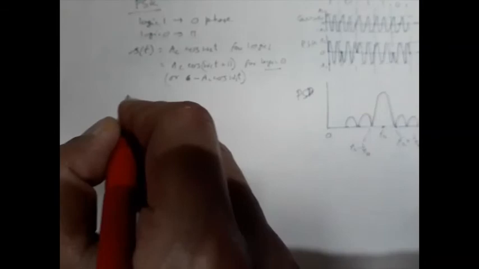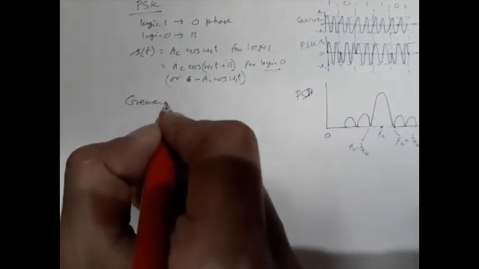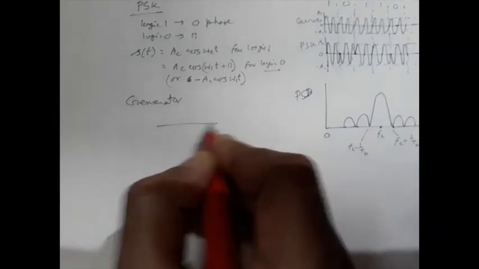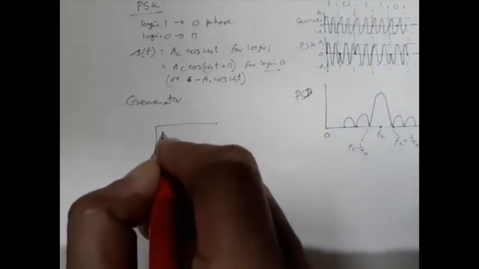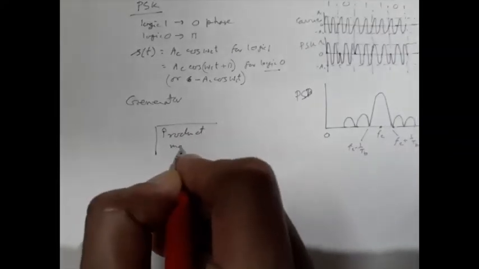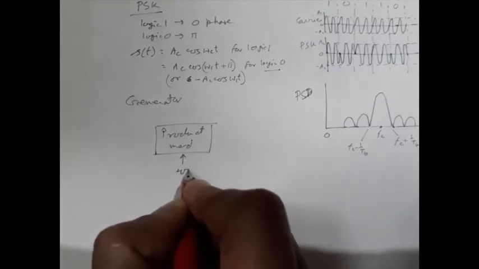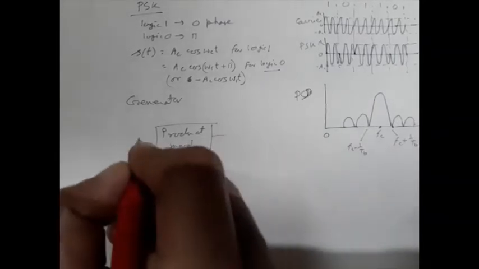Now the generation of PSK is almost identical to that of the ASK. So here we have a product modulator again. We have the carrier at one input.